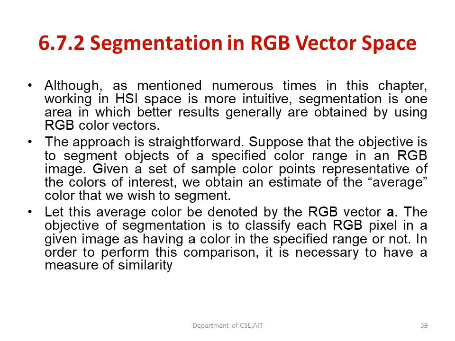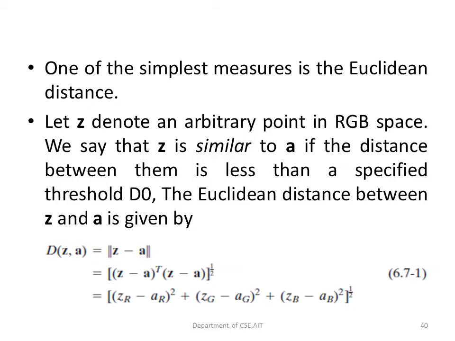In order to perform this comparison, it is necessary to have a measure of similarity. One of the simplest ways to do this is to use the Euclidean distance. Let us say the small z denotes an arbitrary point in the RGB space.